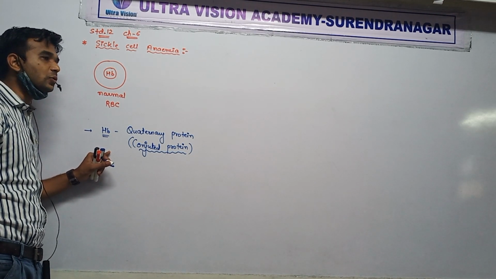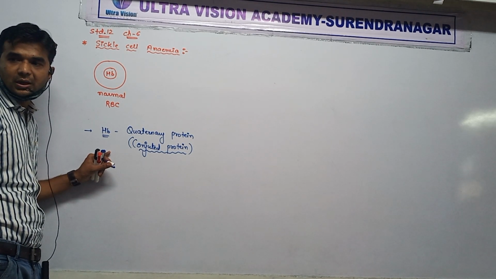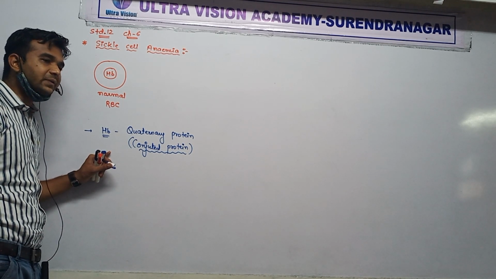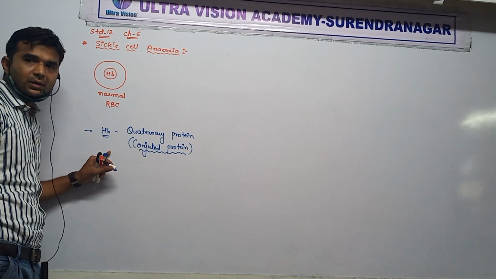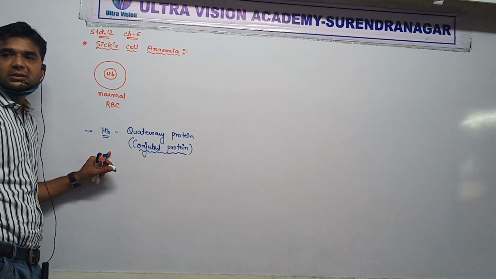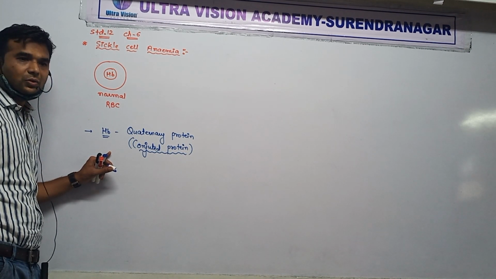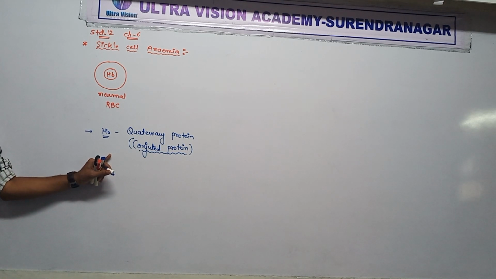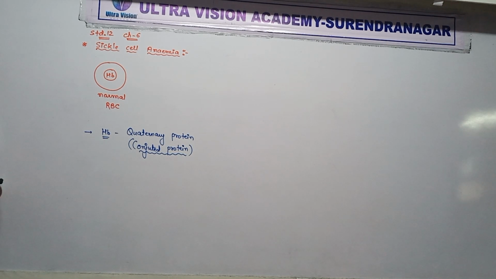And if you know the chlorophyll molecular formula, chlorophyll A is C55H72O5N4Mg, and chlorophyll B is C55H70O6N4Mg. In chlorophyll A as well as chlorophyll B, C, H, O and N are the structural components.